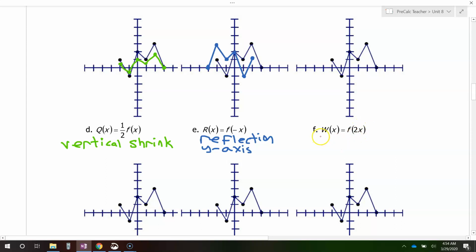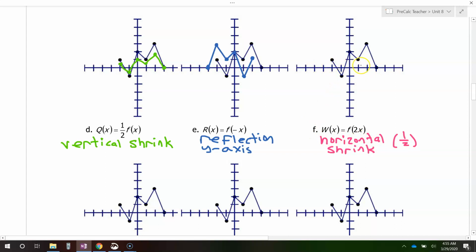So this is going to be a horizontal shrink or horizontal compression by a factor of 1/2. Okay, you do the reciprocal. So this is going to be a horizontal shrink by a factor of 1/2.